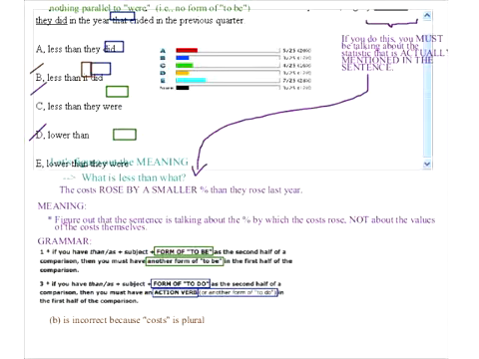And then if you've got lower than, this can't work because this can't describe an action. Let me describe what lower means. The meaning is that we're talking about how much the cost rose by.